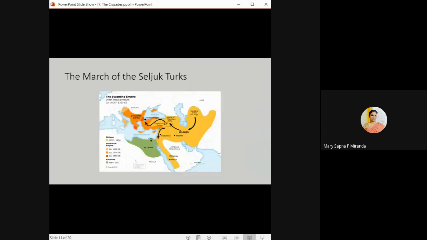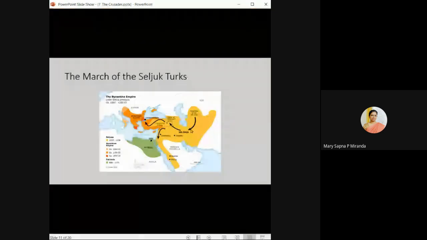Now this arrow shows us the march of the Seljuk Turks. The heartland of the Seljuks, they came from somewhere here in the middle of this region. This is Anatolia, right? So they started out from here, and then slowly this whole caliphate of Baghdad, we had seen that, right?